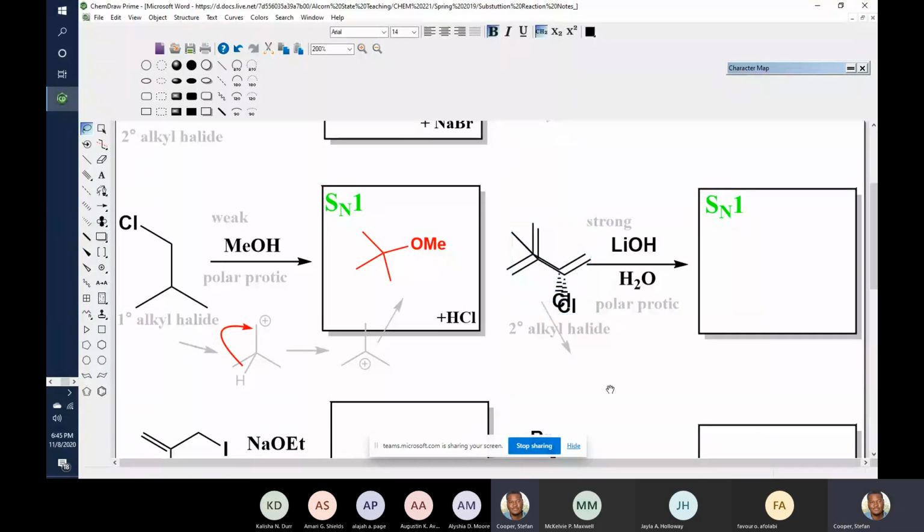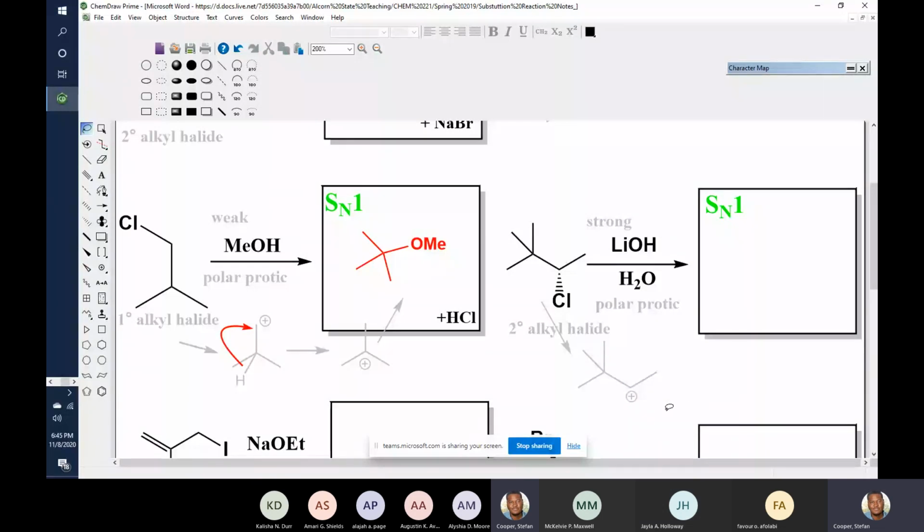So I'm going to form this carbon cation here, right? And you guys would classify this as what type of carbon cation? Secondary. Yeah, this is a secondary carbon cation.